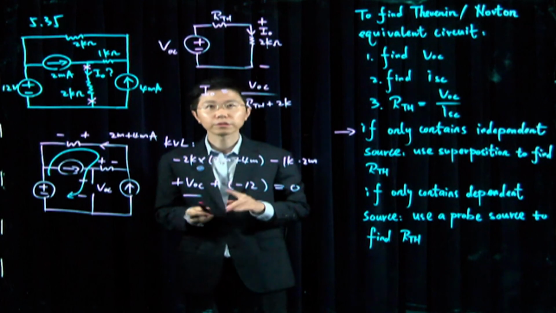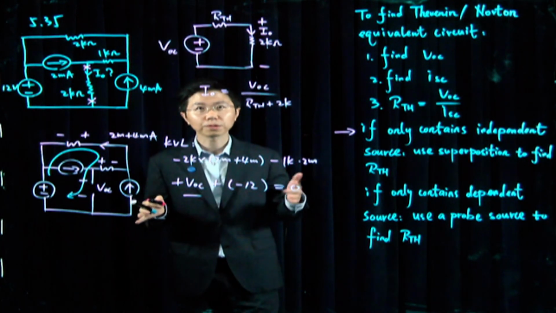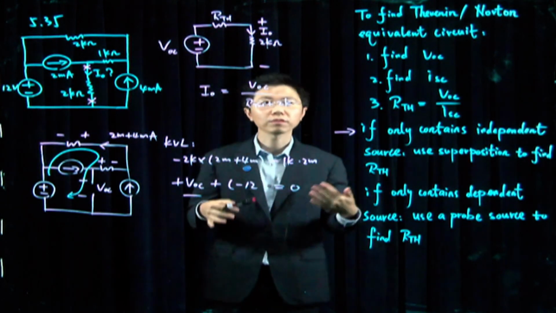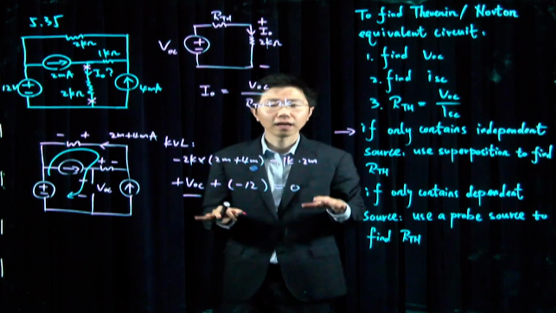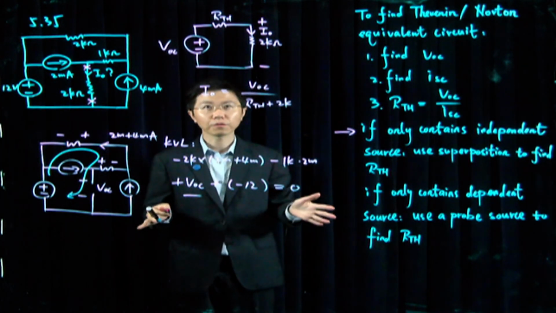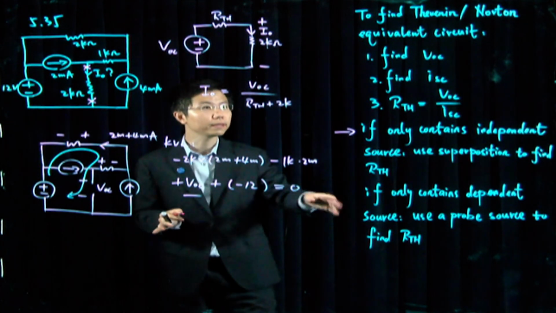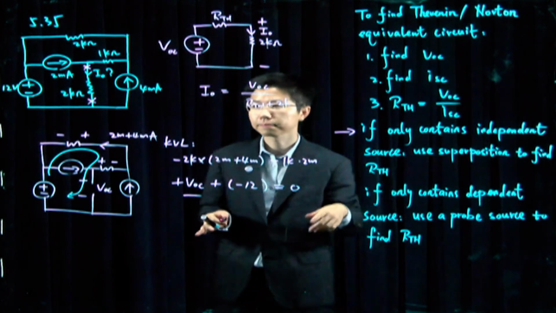So we just saw the general approach when it comes to applying the Thevenin or Norton equivalent circuits. This is following these 3 steps. Here's a shortcut, if you will, for a circuit that only contains independent sources.